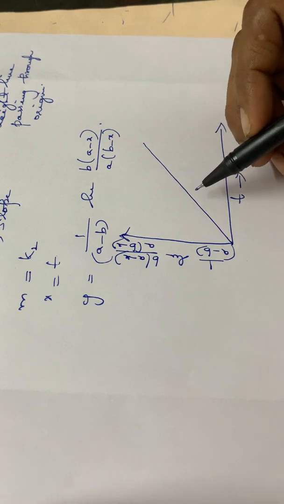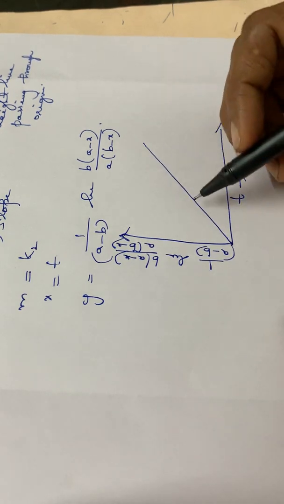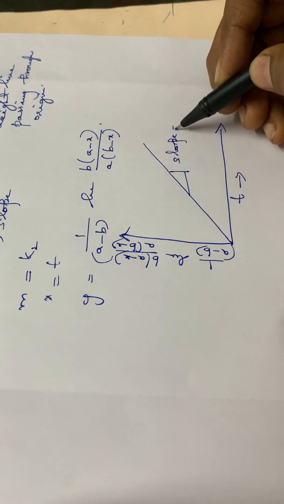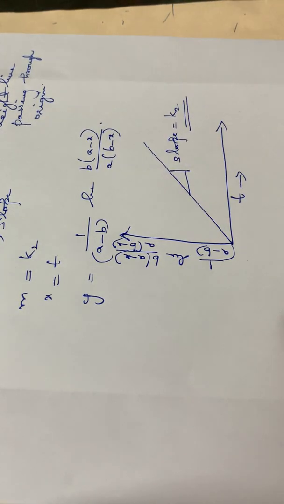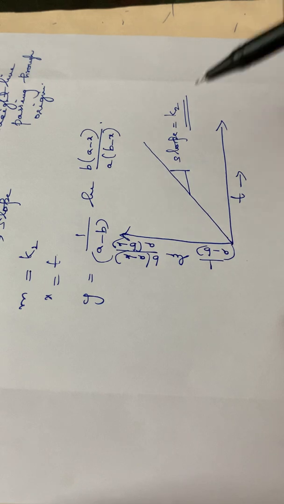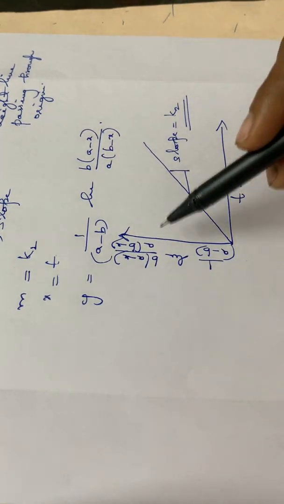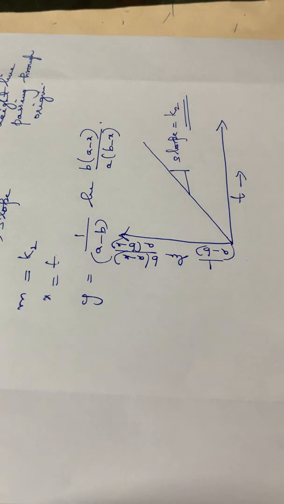So this will be the equation for a straight line, and this gives the slope. Slope is equal to k2, or m is equal to k2. This is how you can rearrange that equation and draw the graph with x and y axes.